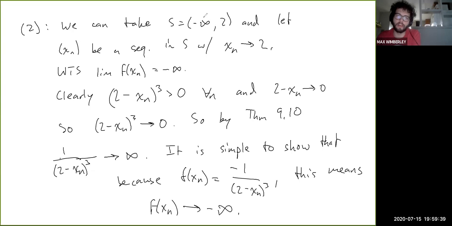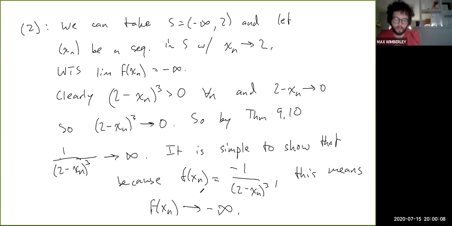For some functions you wouldn't be allowed to take negative infinity up to this point, but for this function we can because f is defined on this entire interval and there are no places where it diverges. But we are free to take a smaller interval if we want, and let xn be a sequence in that interval. It doesn't matter.